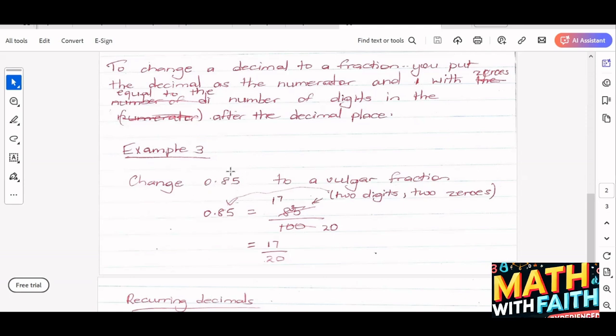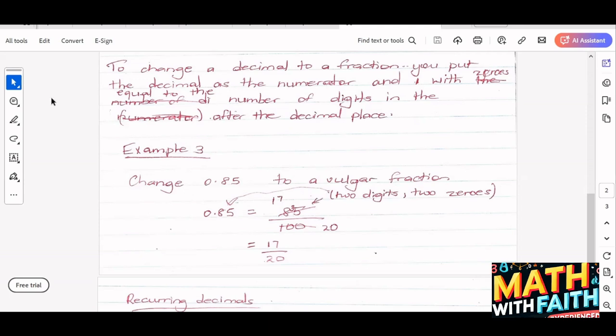You have 2 decimal places. So to change this, you put 85 over 1 with 2 zeros because there are 2 decimal places. And when we reduce that, because 85 can be divided by 5 and 100 can be divided by 5, we get 17 over 20. So 0.85 is 17 over 20.